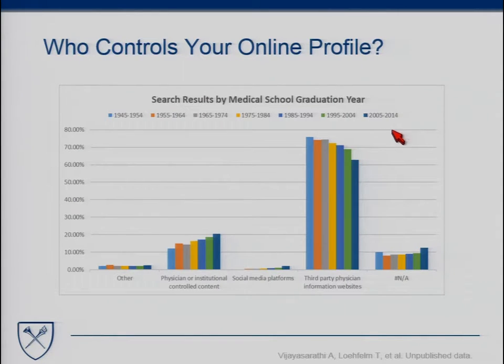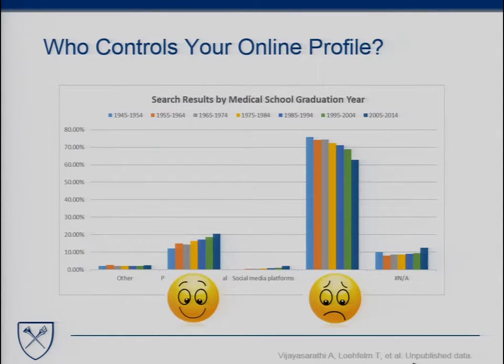And I'll talk with you a little bit about that here. But the majority of hits for over 70% of radiologists are controlled by some third-party sites, and we know nothing about these. Only a minority of people, and I would argue that that's not what you want, right? That's the unhappy face of this garbage that's out there. The ones that you really want are the ones where you or your practice or your hospital controls it, because that's how you want the world to see you.